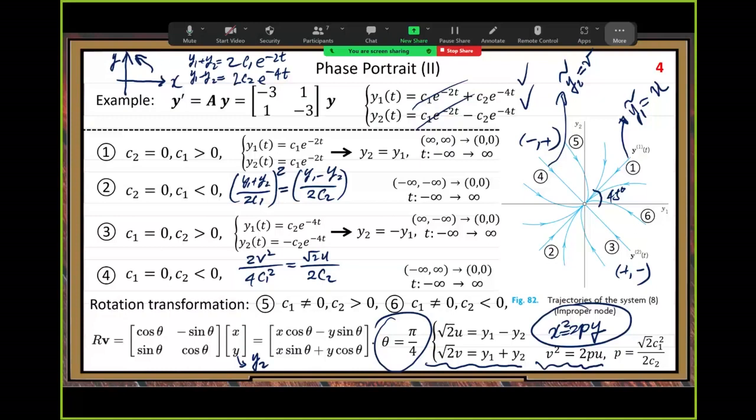Here we need to see which way the trajectory goes, that one or this one, in the u, v coordinates.